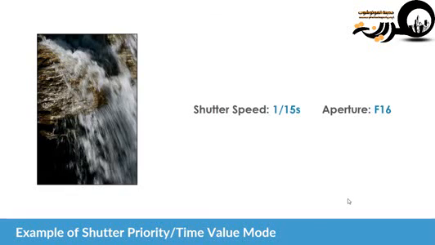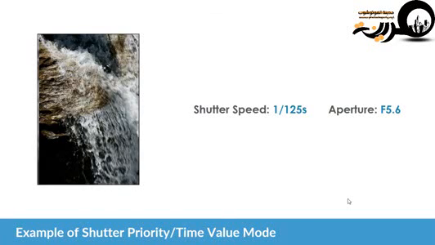Okay, so then if I decide that I want to make the shot a little bit faster, I want to try to freeze that movement a little bit more, I decide that I'm going to change my shutter speed to something much faster, and I go to 125th of a second. As we can see now, to compensate for this, to make sure the correct amount of light is still coming in, it's changed the aperture to f5.6.